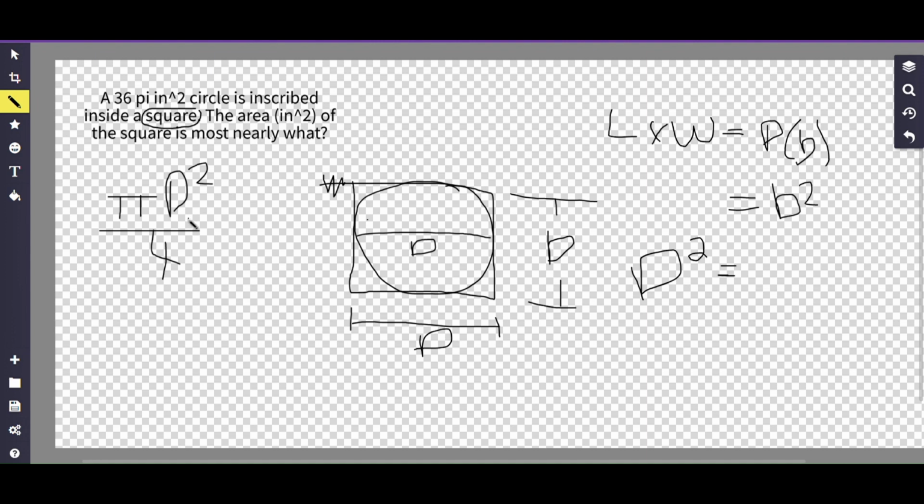So that right there is equivalent to 36 pi. That's where I was getting that 36 from earlier, which you were seeing right here.